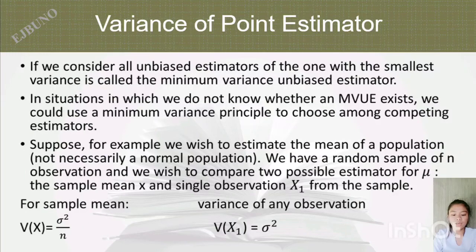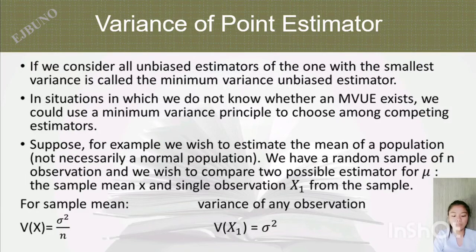Variance of point estimators. If we consider all unbiased estimators of theta, the one with the smallest variance is called the minimum variance unbiased estimator, or MVUE. In situations in which we do not know whether an MVUE exists, we could still use the minimum variance principle to choose among competing estimators.